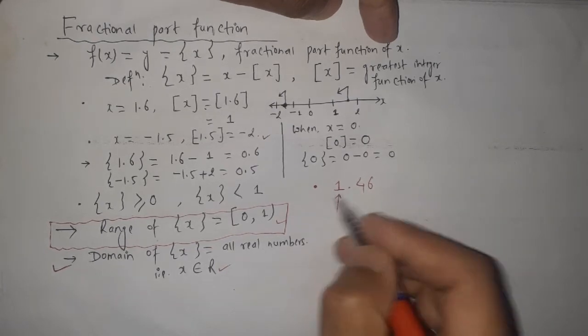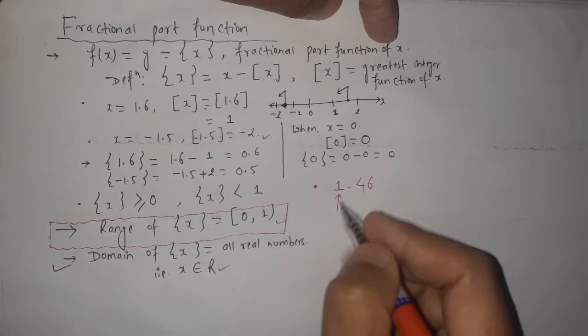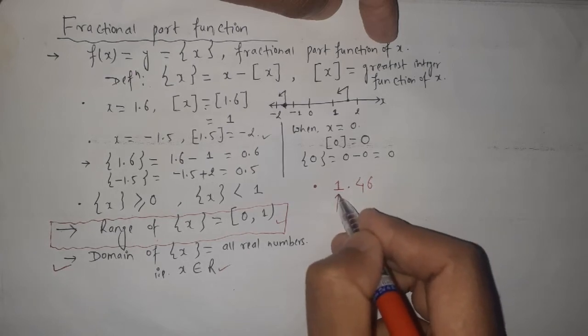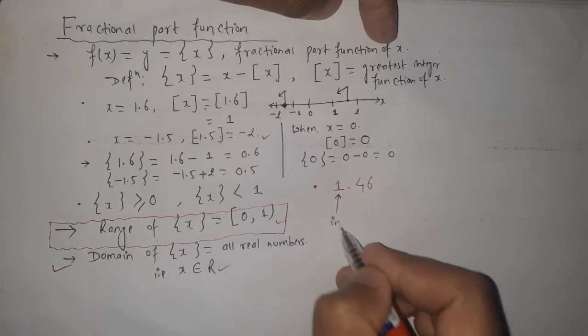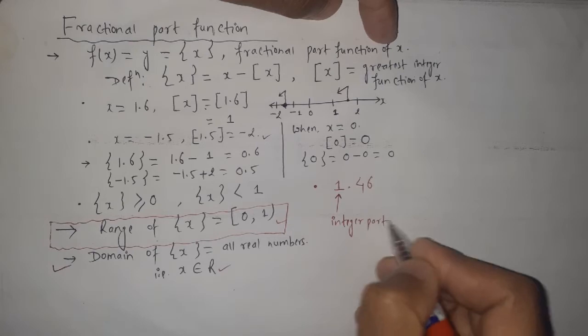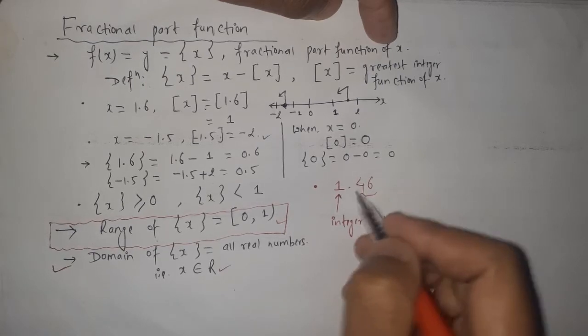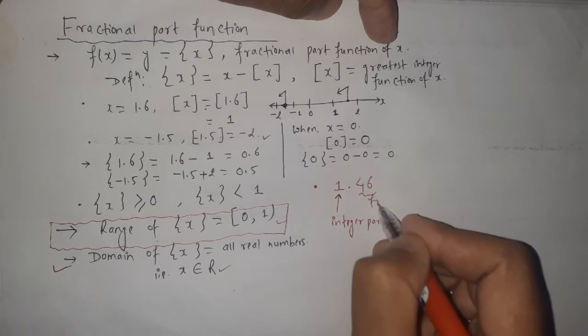In this number, the part before the decimal is called the integer part, and the numbers after the decimal are called the fractional part.